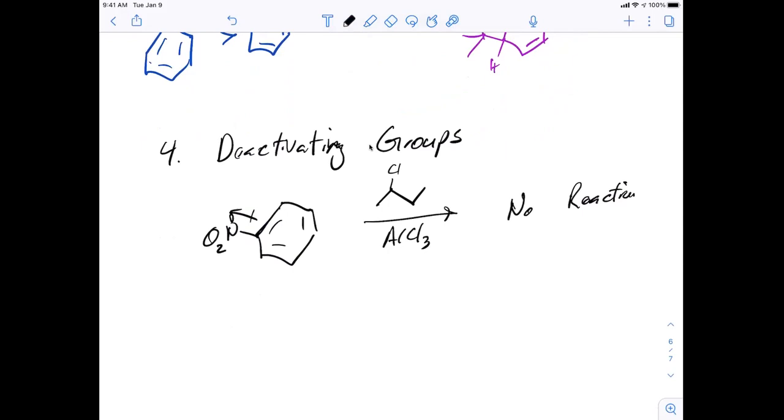The deactivating groups that'll stop this are the nitro, the sulfonate, and carbonyls. So if I have a strongly deactivating group, then I can't do the Friedel-Crafts alkylation.